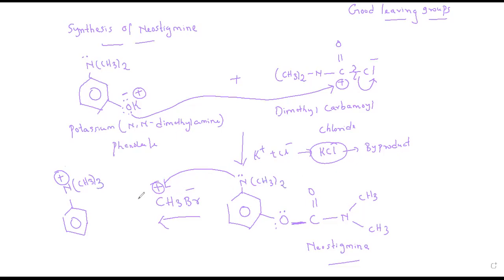So instead of 2, you can write 3 methyl groups, followed by the same O, C double bond O, N(CH3) taken twice. The same I have written here. Okay, so this is the structure for your neostigmine bromide.